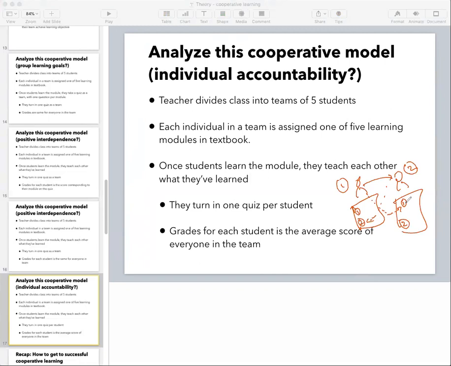And so here's how you can tell about the individual accountability. The grade for each student is not their own grade, right? It is the grade of everybody in the team. So they are being held accountable for improving other scores, right?